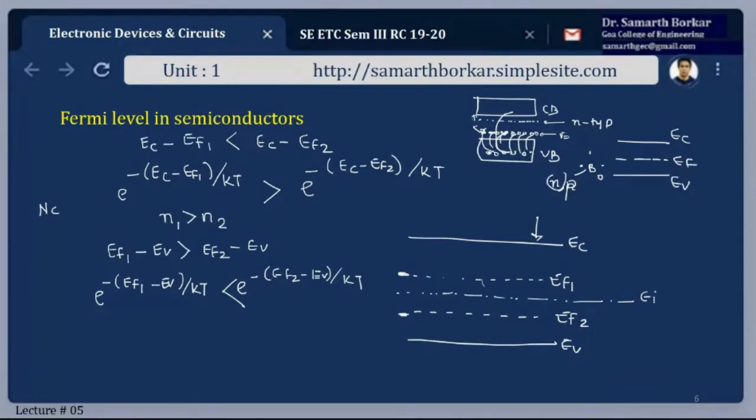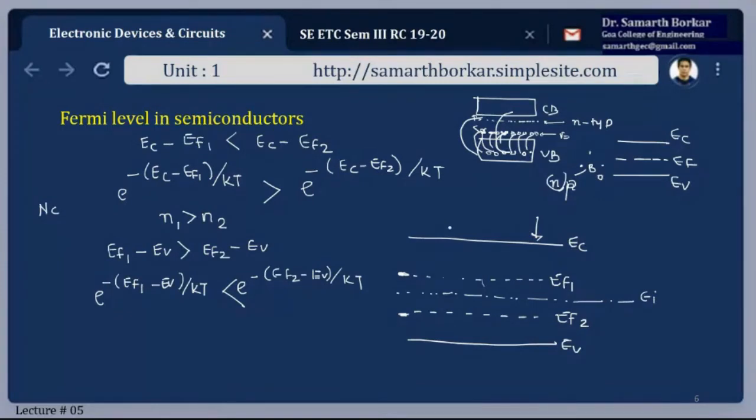It is easier for an electron to move to this point rather than going to the conduction band. So finally, the holes are created. The more the number of holes, the more the concentration. Clear? And the concentration of electrons is decided by the exponential of minus (EC minus EF1). So the smaller this value, the more will be the concentration.